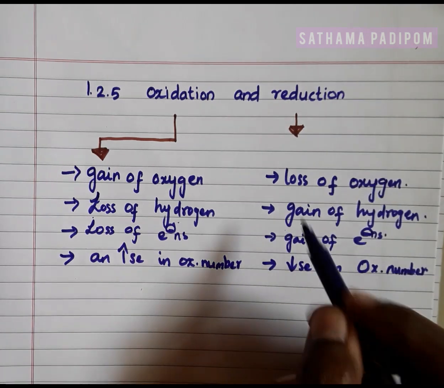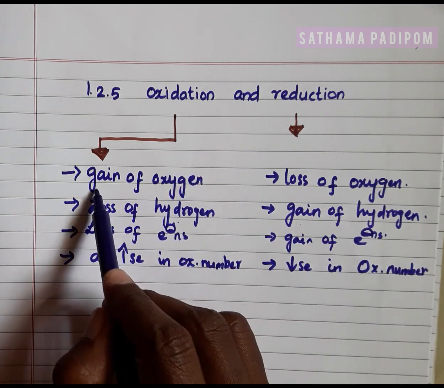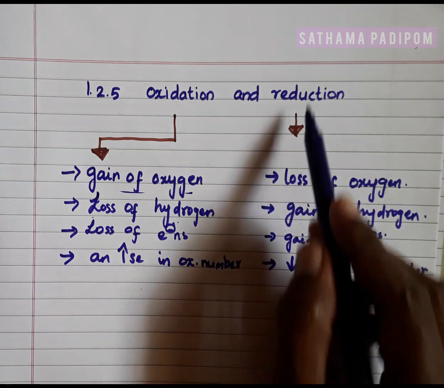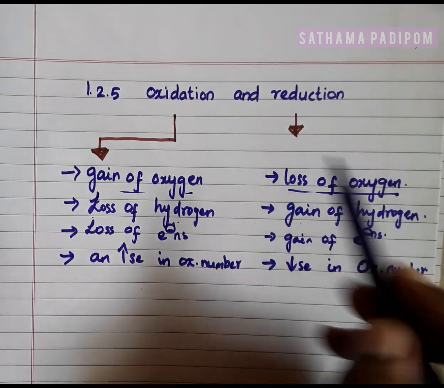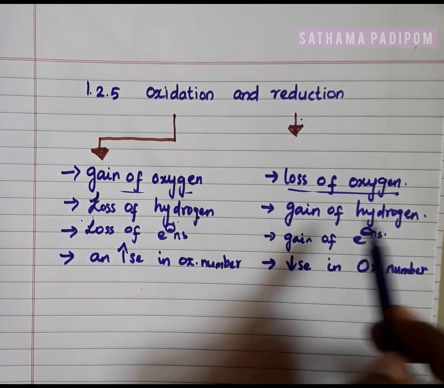These are all the points we have to keep. So what are the main points? Oxidation is gain of oxygen and reduction is loss of oxygen; oxidation is loss of hydrogen and reduction is gain of hydrogen.